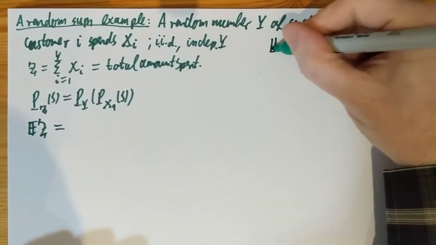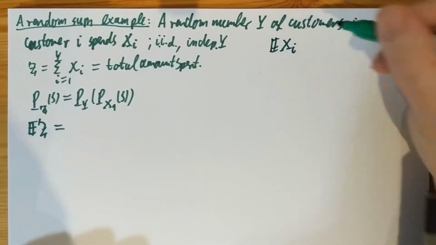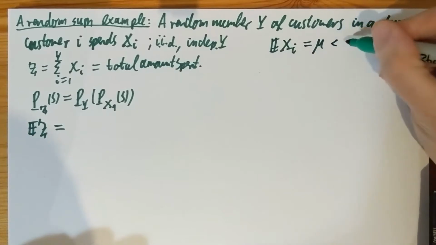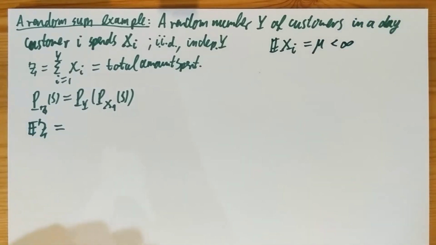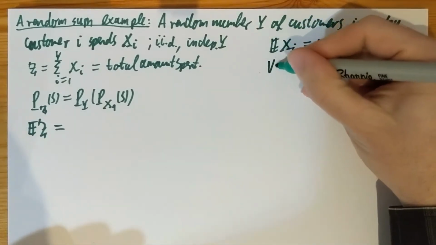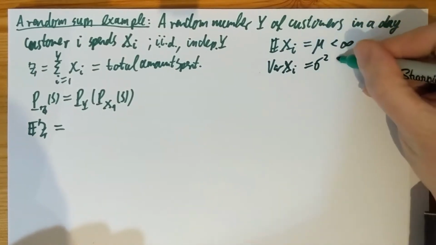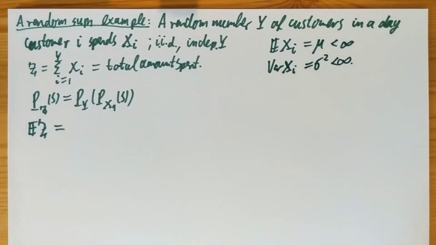So let's assume that the E of the Xi, they are IID, so they all have the same mean, is mu and is finite. The Xi are non-negative integer. The variance of the Xi is sigma squared, and again it's finite. Let's assume this. Okay? And because they are IID, it doesn't matter which index I take here.